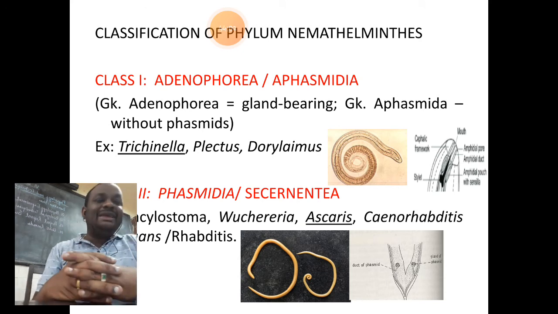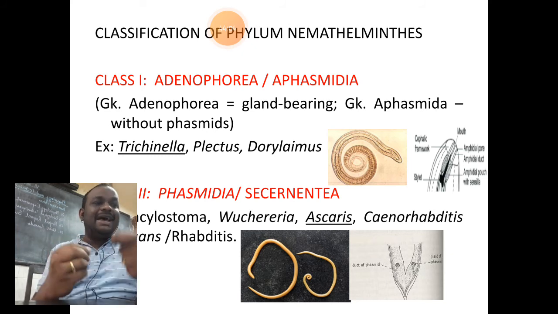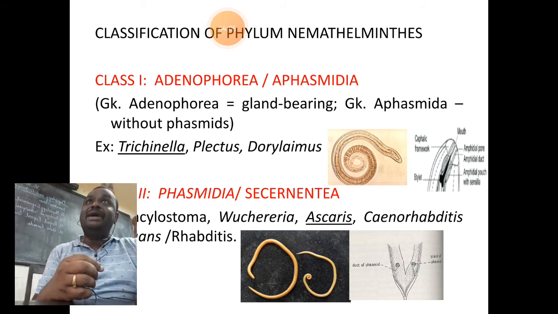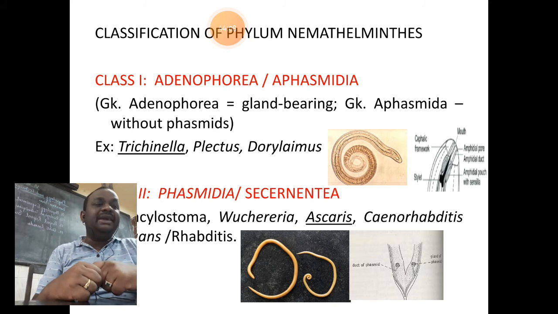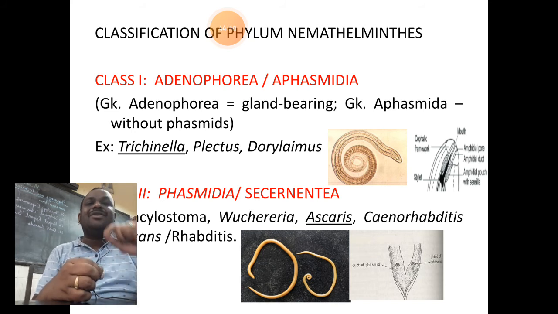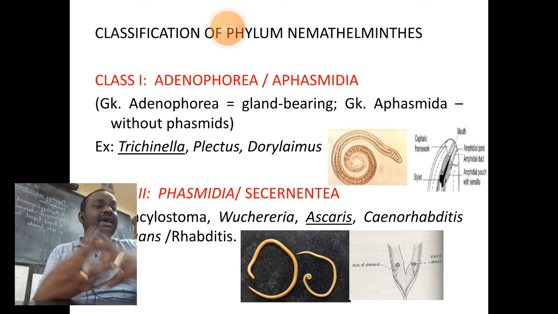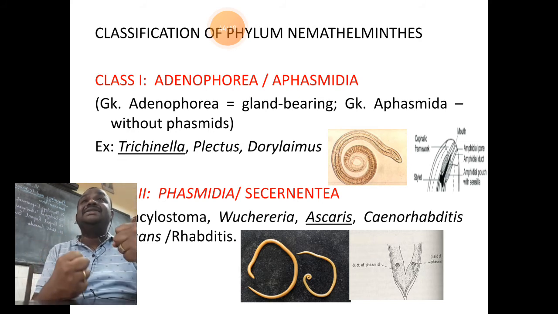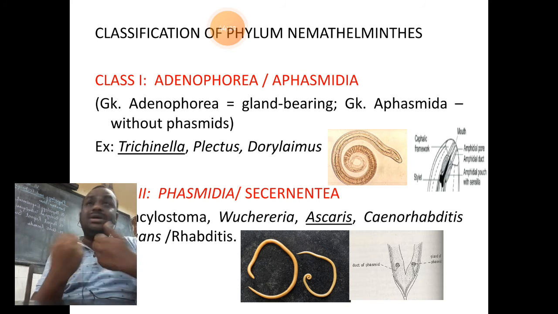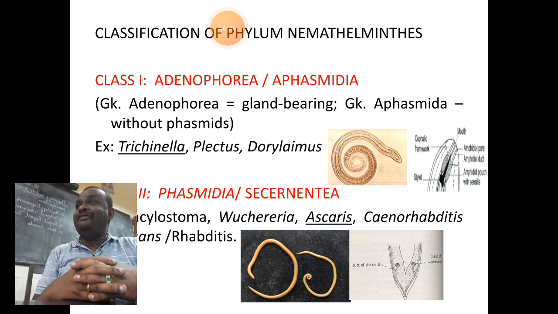Students remember, Trichinella is a parasite which is seen in rodents, pigs and even in human beings, which causes a disease called trichinosis. It is a condition where the heart of the organism is affected, and then it causes breathing problems in the organism and leads to death upon infection.